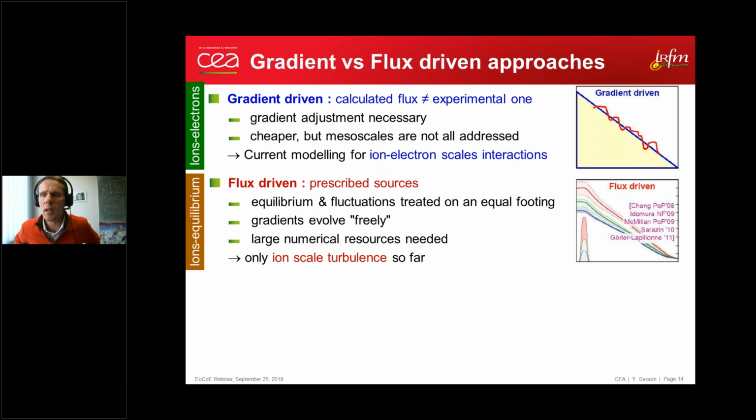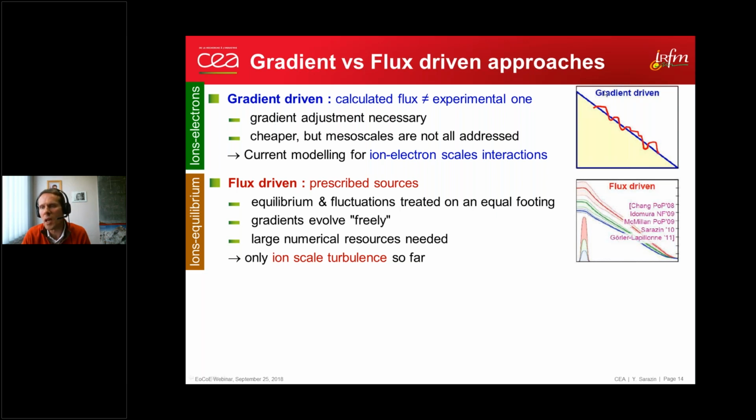So as I said, when you worry about this interaction between electron and ion scale, then you can freeze the equilibrium scale, and this is basically what is done in present-day simulations. What does it mean?